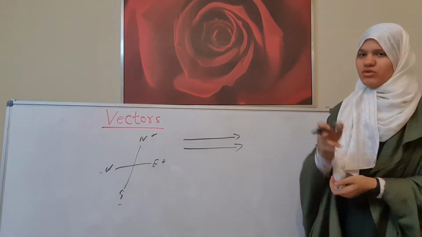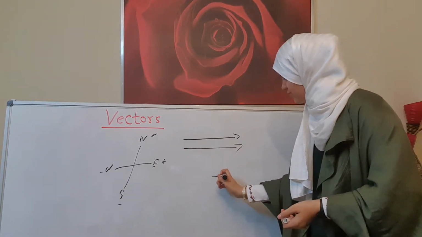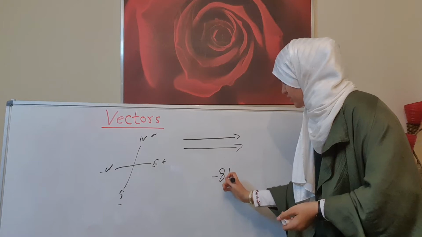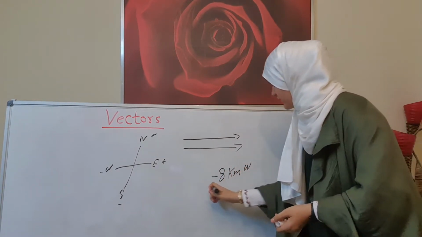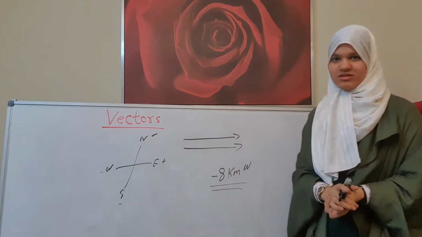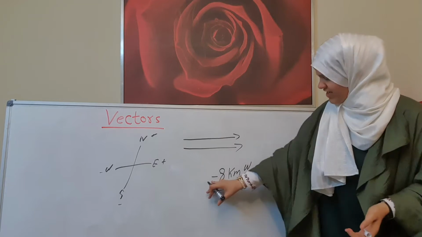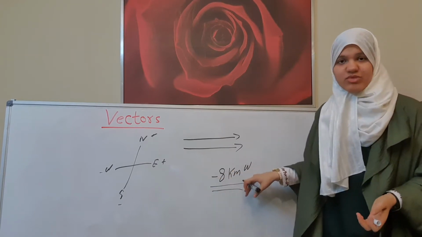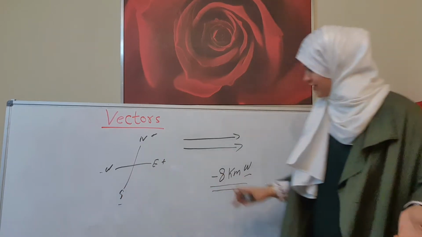Okay, I wanted to ask you something. Is this correct or not? Negative 8 kilometer west. It's not correct. Why? We can't use negative and west at the same time, because west is already negative.